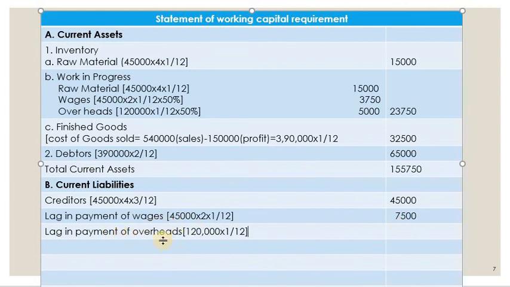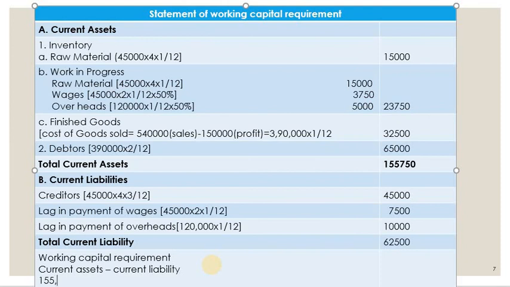So lag in payment of overheads is 1,20,000. So that is 1,55,750.